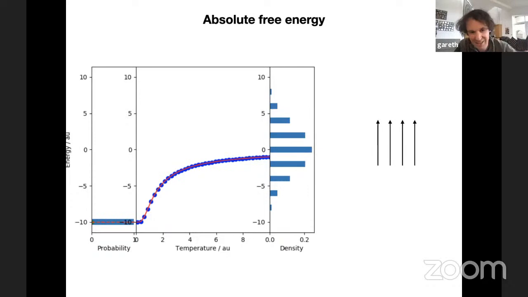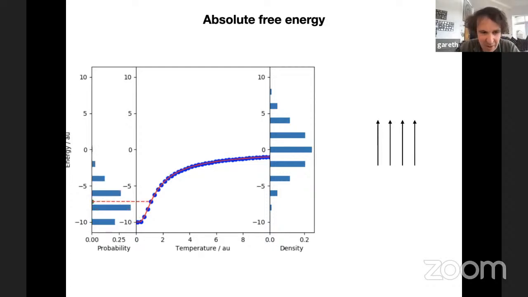The red dashed line points to the appropriate temperature point on the blue dots in the middle panel. And on the right, I've got the density of states, which is the number of states with a particular energy.